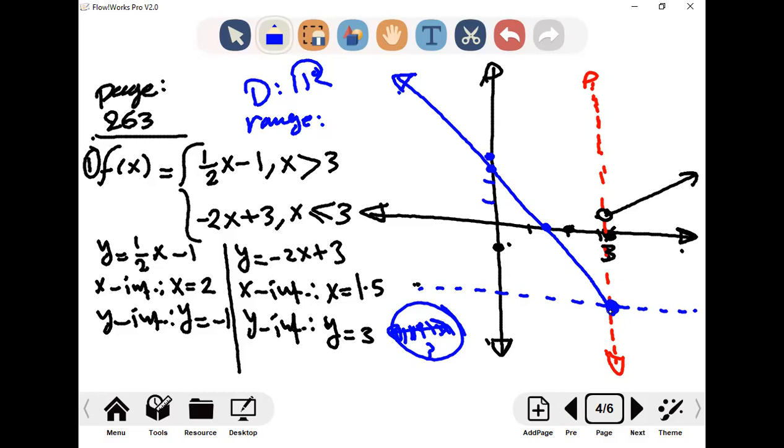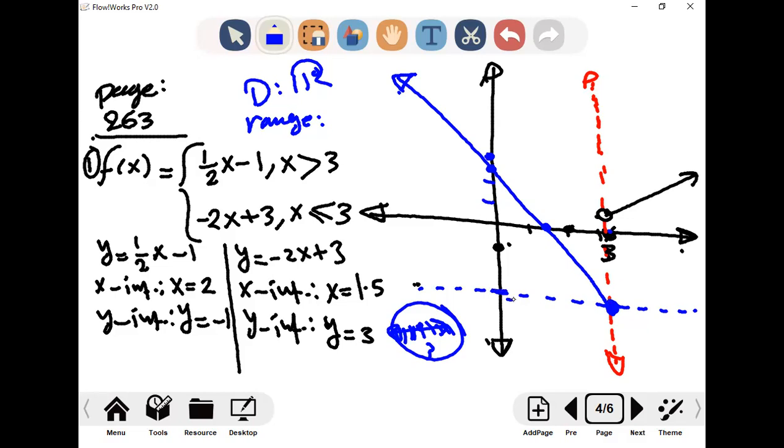But if you don't, what will you do? You will take the 3. Is it for the blue or the black? The blue. The first one or the second one? The second one. So replace the 3 in x here. Negative 2 multiplied by 3, negative 6, plus 3, negative 3.